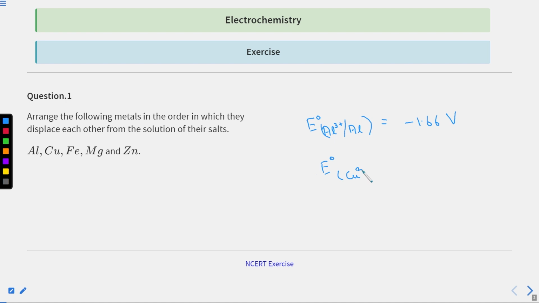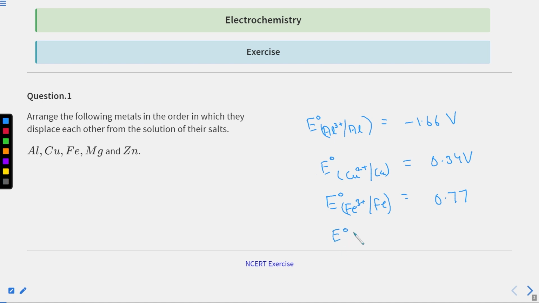If you look at the table, the copper 2 plus reduction value is given as 0.34. Next we have Fe3 plus. So this value is Fe3 plus to Fe, and it is given as 0.77.